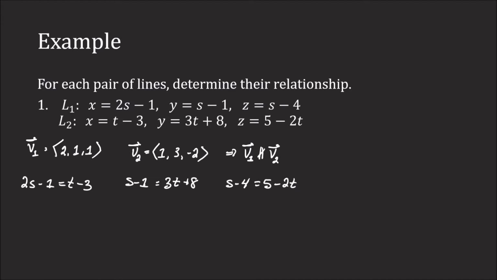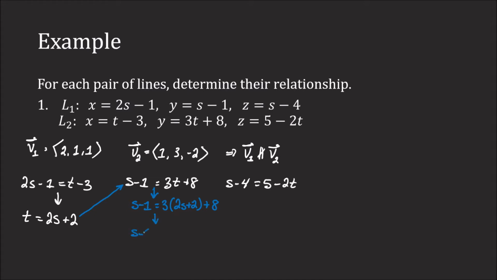Let's take a look at this first equation. And this says that t is equal to 2s plus 2. So let's now plug this t into this second equation. So that'll give us that s minus 1 is equal to 3 times (2s plus 2) plus 8.